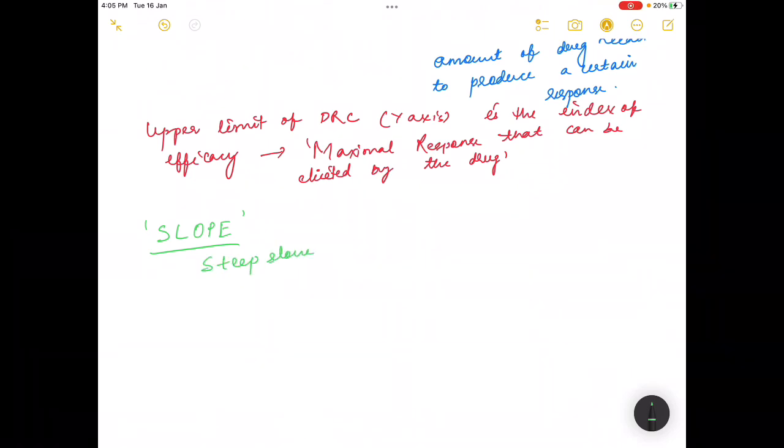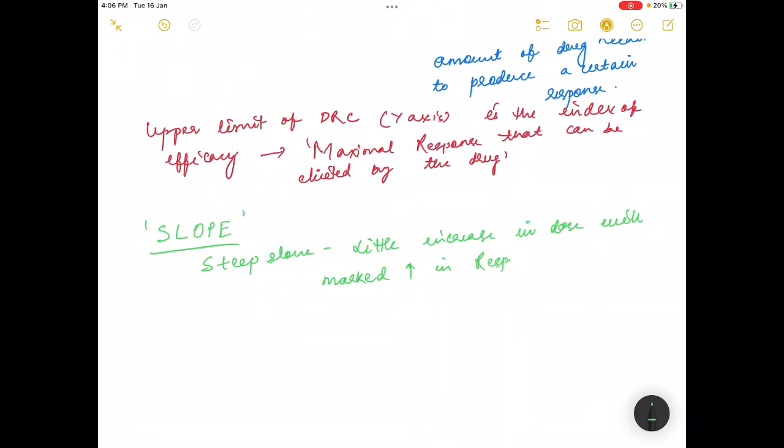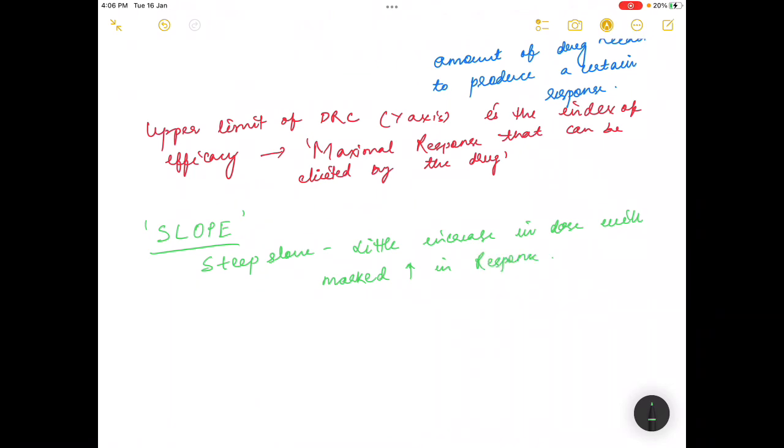Steep slope, little increase in dose will cause a marked increase in response. So the dose has to be individualized.